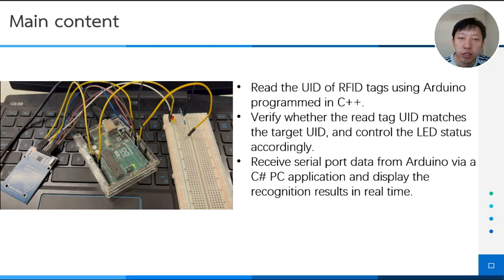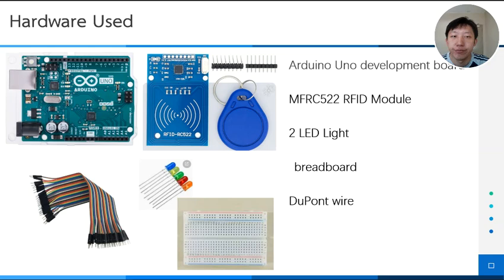The C# application receives serial data from Arduino and displays the UID and matching result in real time. These three objectives cover hardware control, logical judgment, and software interaction, which are the core design of the whole project.